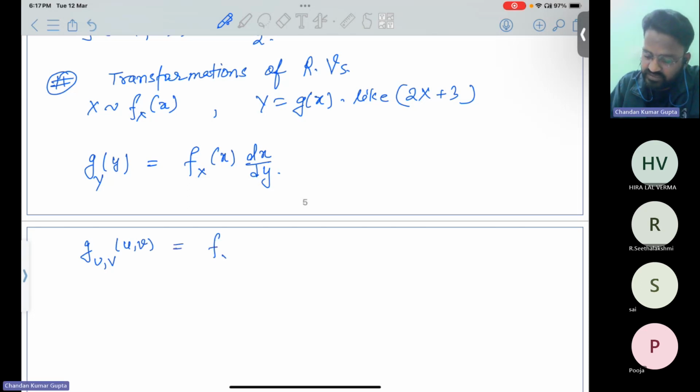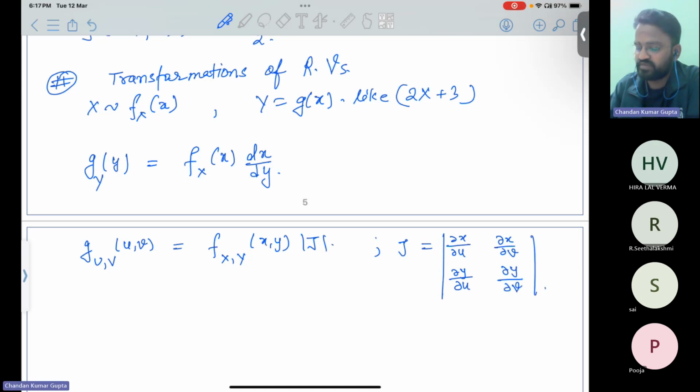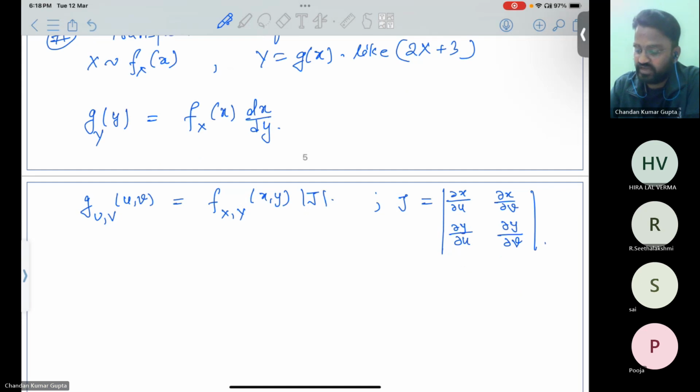So it can be written as f of x, y times the Jacobian, where the Jacobian is evaluated as the determinant of del x upon del u, del x upon del v, del y upon del u, and del y upon del v. We always consider the positive quantity, and the assumption is that it exists.